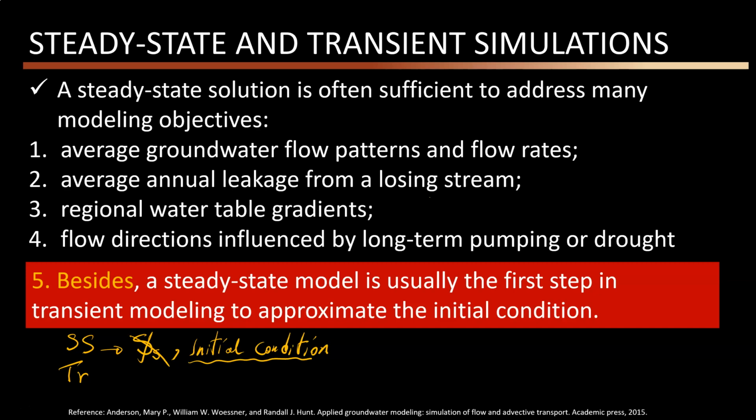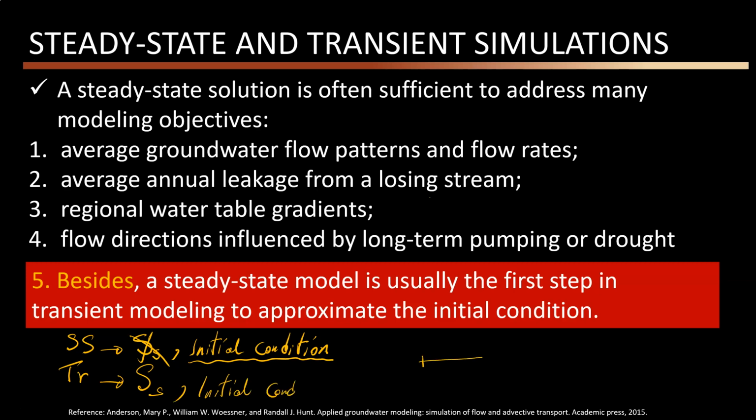Okay, so the initial condition is not necessary once you're solving for a steady state. But for a transient state, you have to define S sub S, and also you have to define an initial condition.